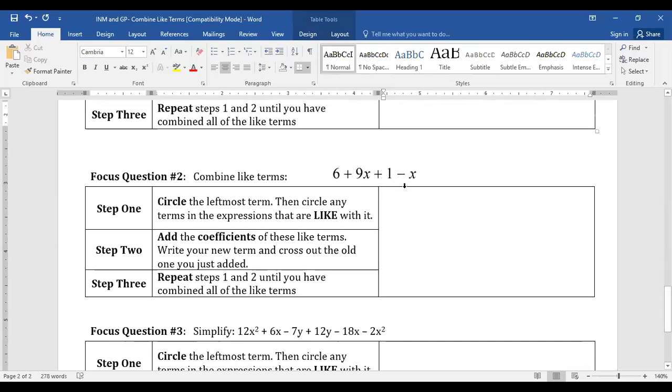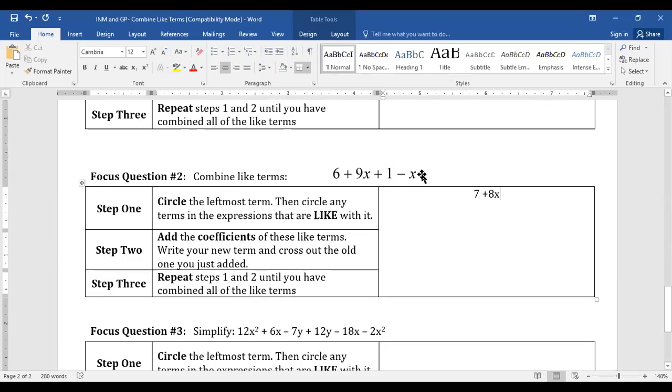Next one, very similar. 6 plus 9x plus 1 minus x. Seven plus 8x. Because I got 9 positive x here and 1 negative x.